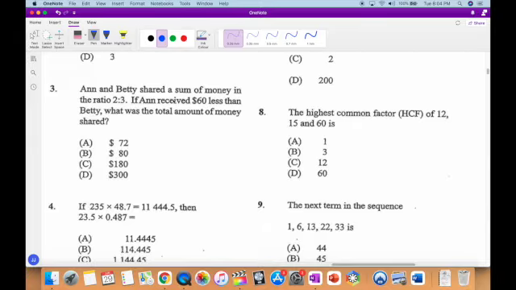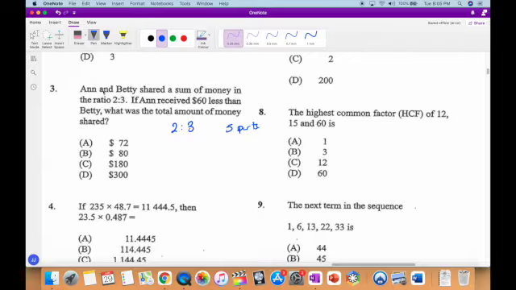Anne and Betty shared a sum of money in the ratio 2 to 3. If Anne received $60 less than Betty, what is the total amount of money shared? So they had a sum of money in the ratio 2 to 3. So that means that there are 5 parts in total, right?